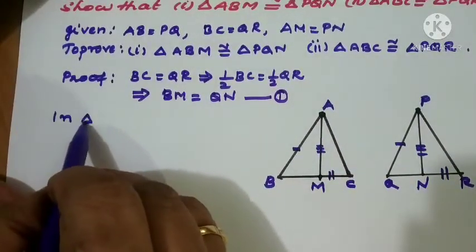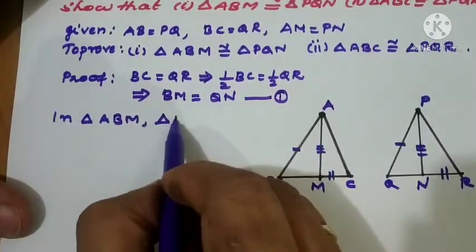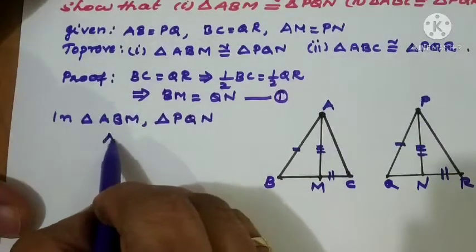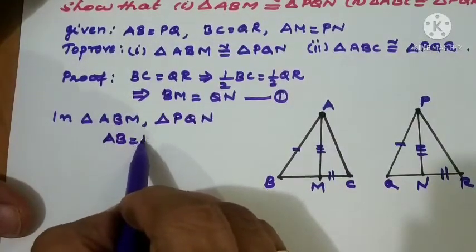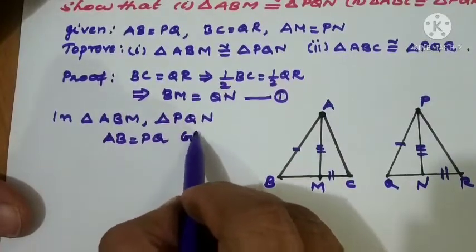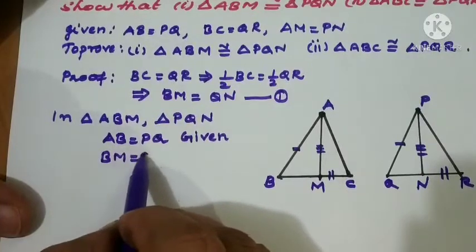In triangle ABM and triangle PQN, AB equal to PQ, given. BM equal to QN, proved in 1.